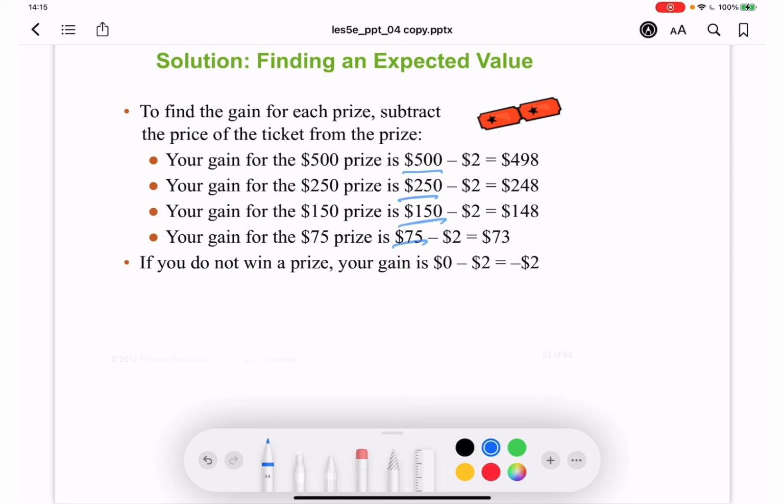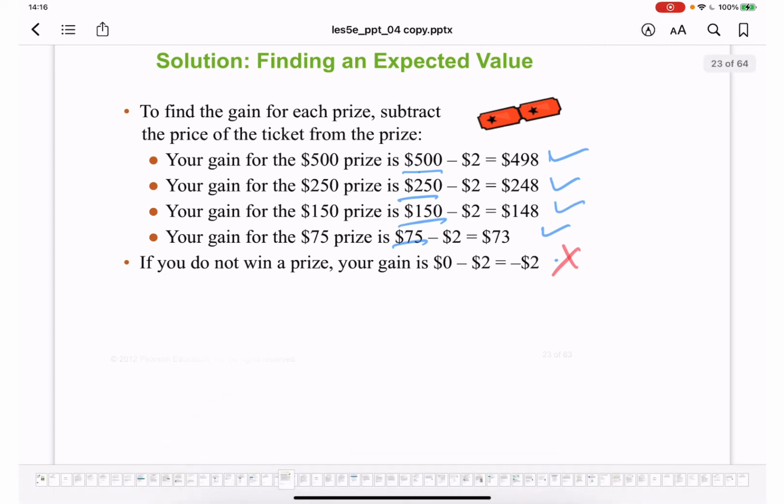Now, if you win the $500 prize, you are realistically gaining $498, right? Minus $2 for the ticket. If you win $250, you realistically gain less $2, and so on. And here is the loss, $2, where you don't gain anything.